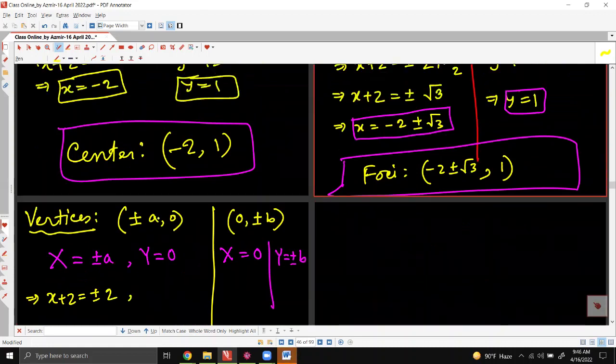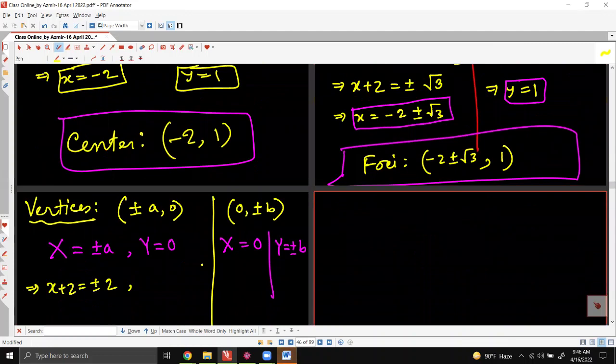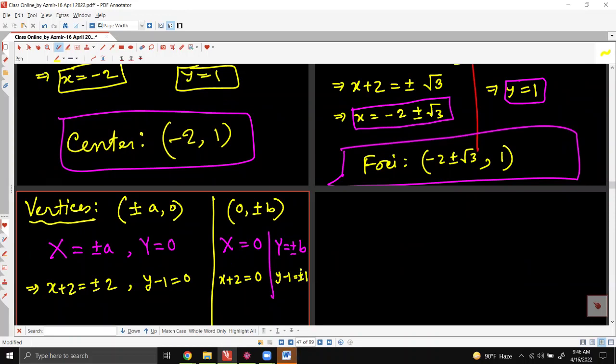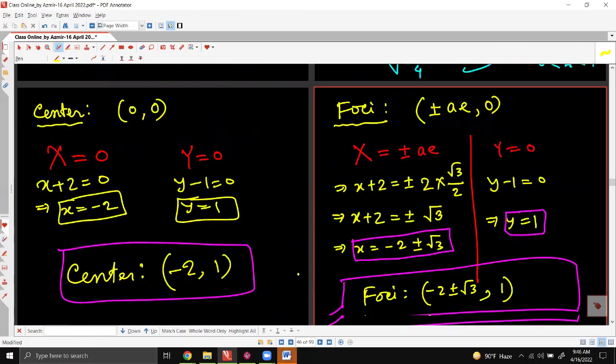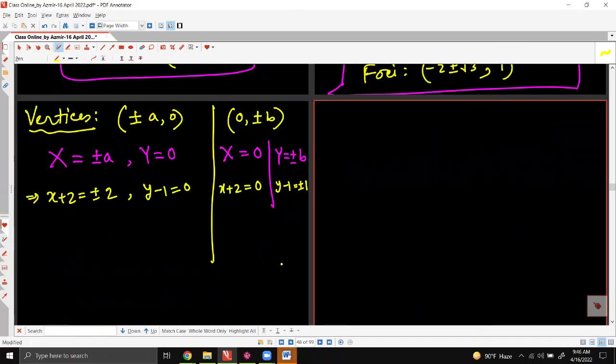Y is y minus 1 equals 0. Similarly here, x plus 2 equals 0, and y minus 1 equals plus minus b. That means b is 1. So we can now find the vertices.